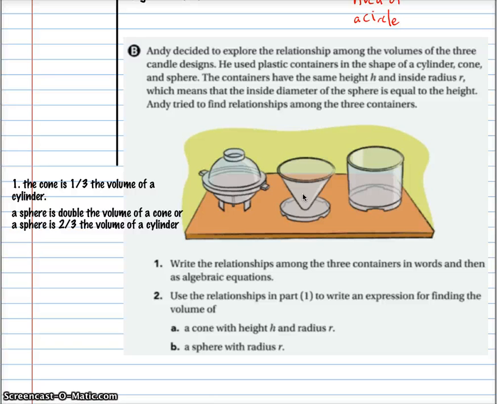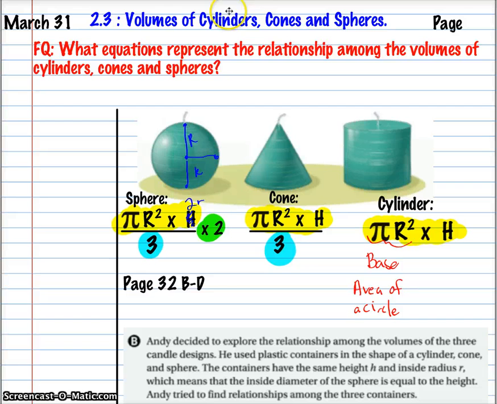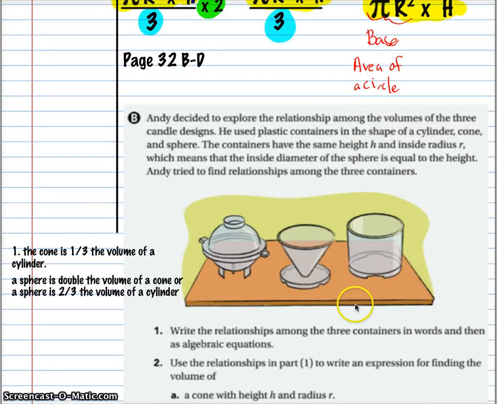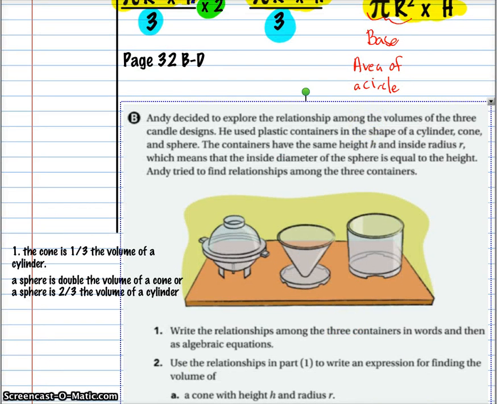Use the relationship in part 1 to write expressions for finding the volume of a cone with height h and radius r. I'm going to write this equation. We've probably already done it, but here it is again.